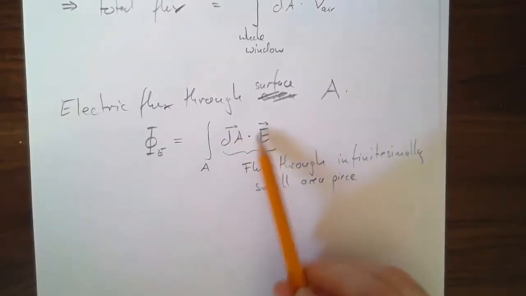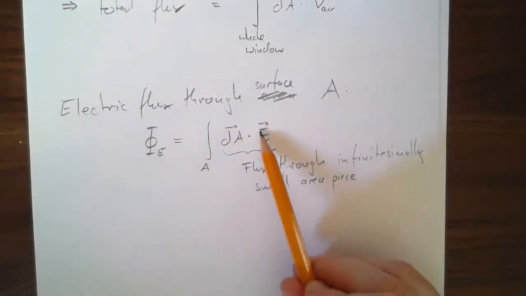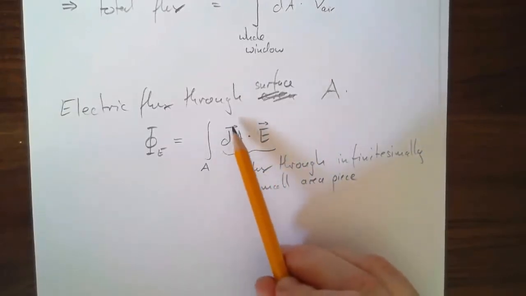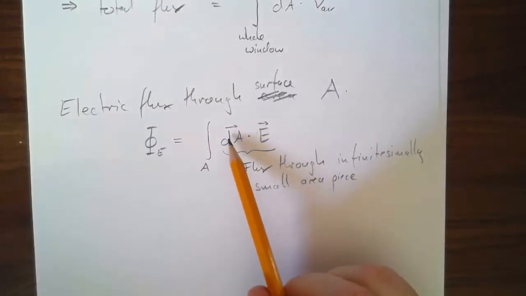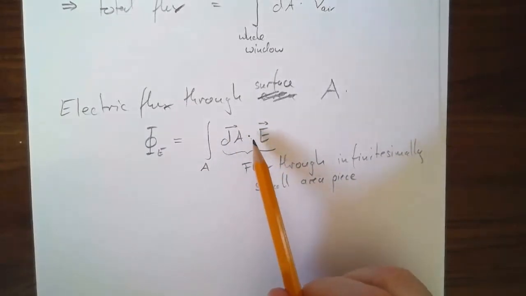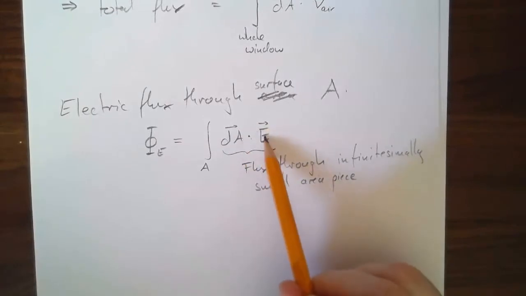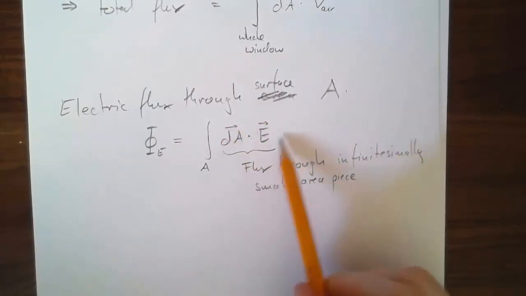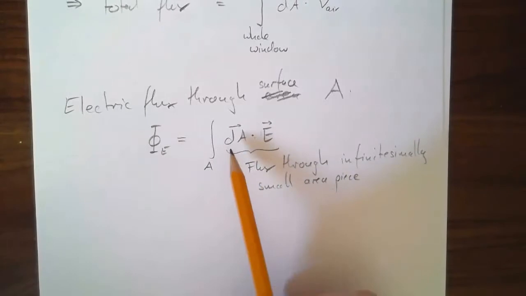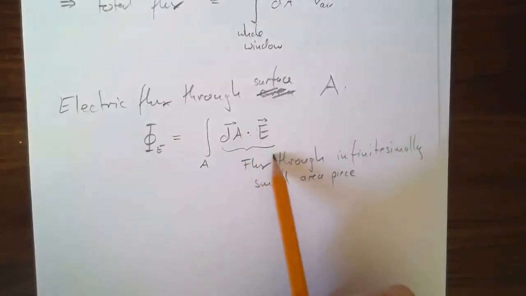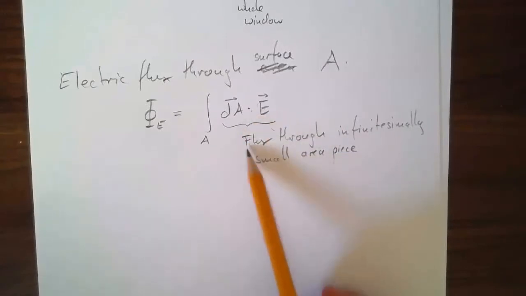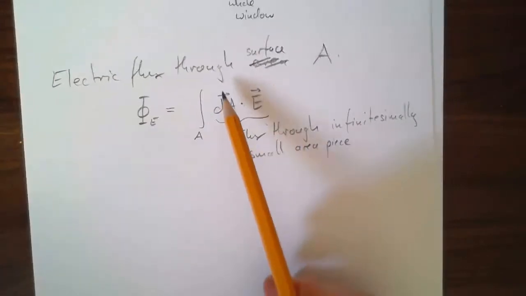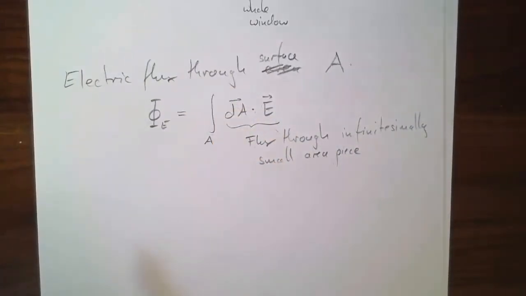So this part is just the flux through one of those pieces: whatever the electric field is at the point where the piece is, times the area of the piece, taking into account the angle. So I could write this as dA dot E, which is dA times the magnitude of E times the cosine between them. That's what a dot product means. Again, if that's confusing, then just go back in the video a little bit. So now I want to sum all those up. That's what I'm doing by taking the integral.